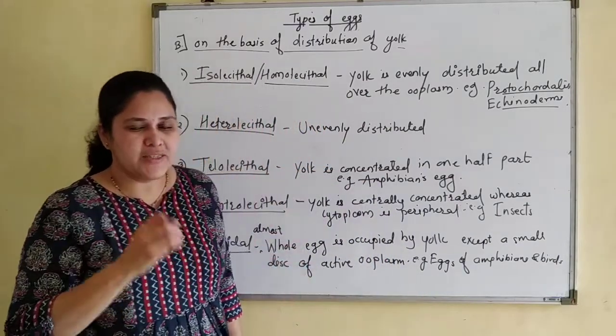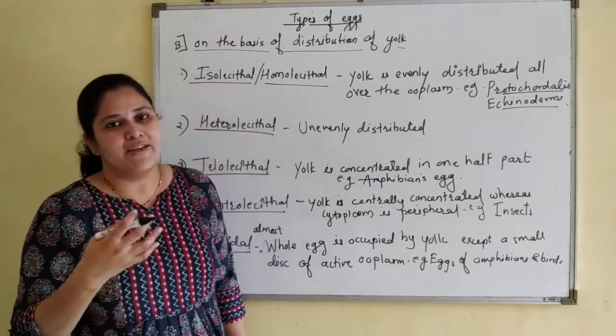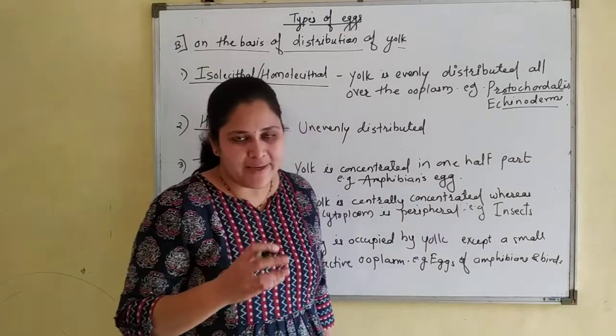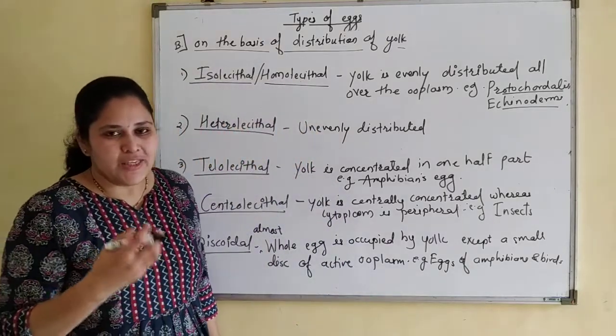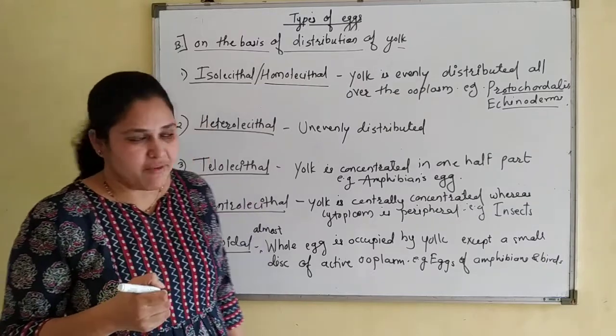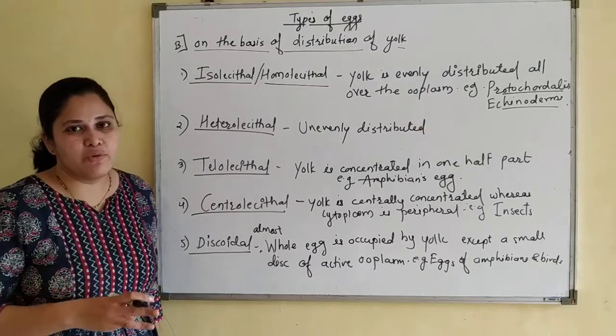So yolk is a nutritive part formed during vitellogenesis. It takes place during oogenesis only. At that time reserve food is formed, and that process is known as vitellogenesis.